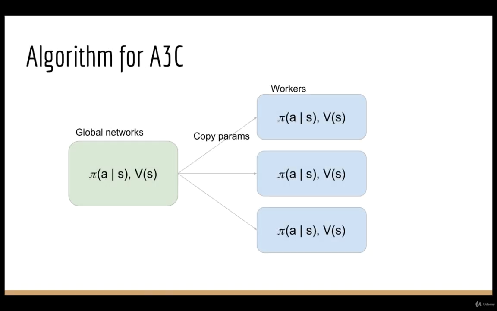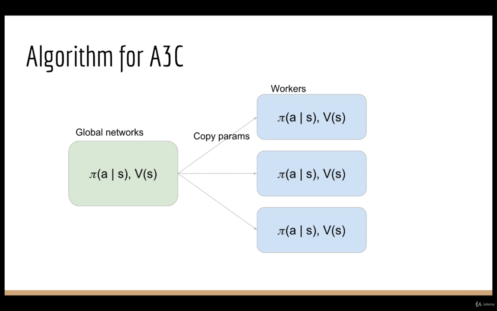So what is the basic algorithm for A3C? Conceptually, we're going to have one set of master networks, one for the policy and one for the value function. You can think of that as a set of global networks. Now, every so often, this global network is going to send its weights to a set of worker machines, each with their own copy of the policy network and the value network.